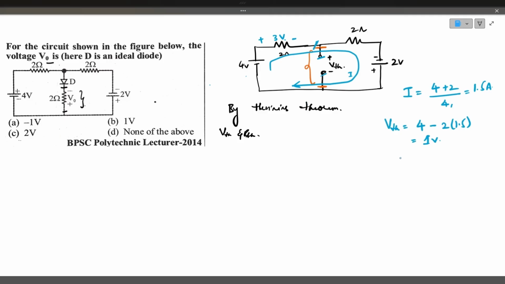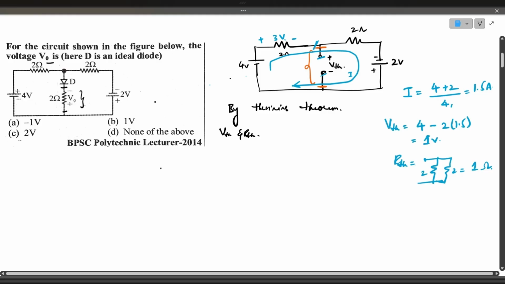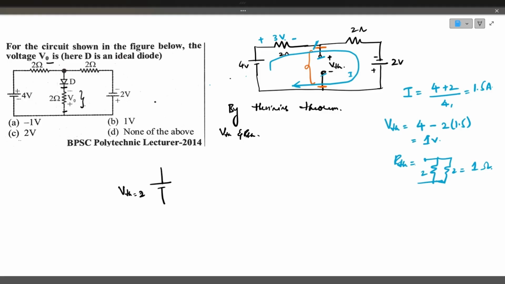R Thevenin you need to find out by replacing the voltage sources with short circuits. If you observe in that way, the 2 ohms and 2 ohms will come in parallel. So R Thevenin will be equal to 1 ohm. So we have got V Thevenin as well as R Thevenin. Now you read out the circuit. This is V Thevenin, that is 1 volt.